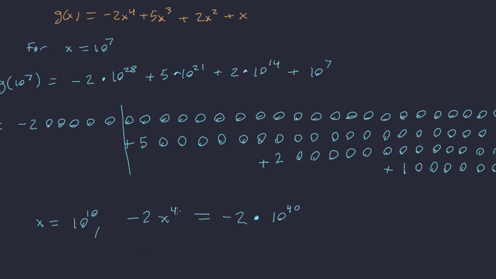And then the next term over, this 5x cubed, is going to be 5 times 10 to the 10 cubed, so that will be 10 to the 30. This has 10 whole zeros over this one. So yes, this is a large number. However, it pales in comparison to this number.